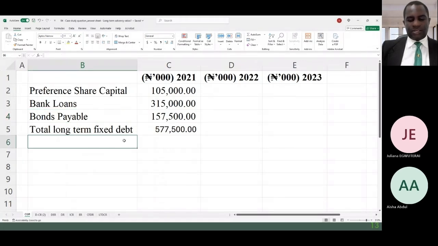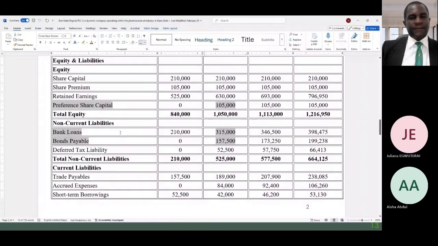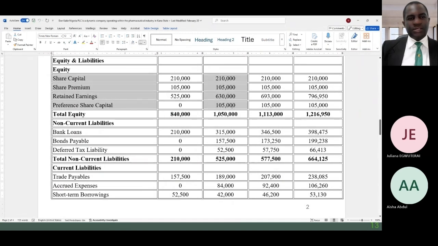So let's get our denominator now from the SCI. So our denominator will now be all the capital, all of them that are equity, and we'll pick bank loan and bond plus, excluding deferred tax. Yes, plus retained earnings, exactly.